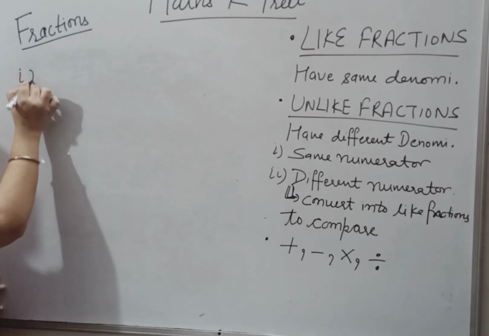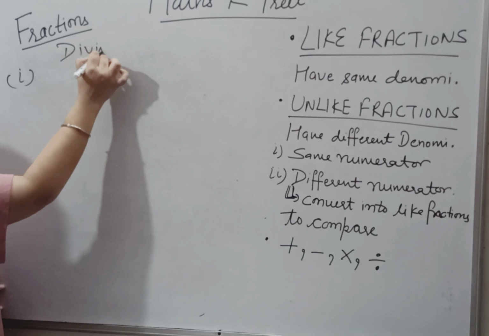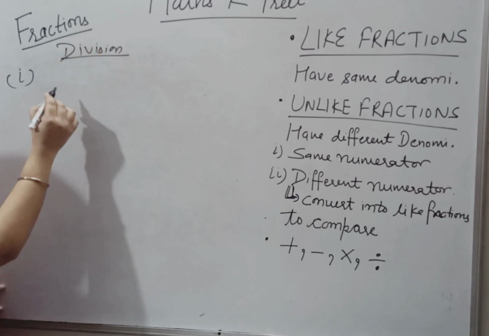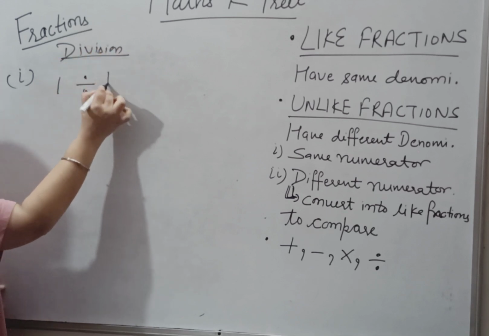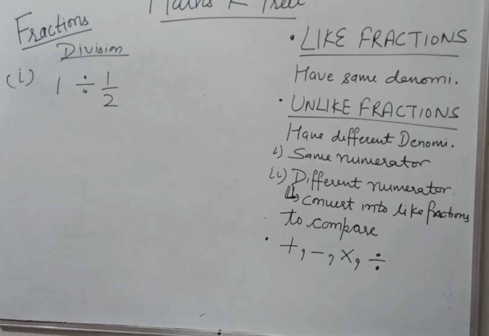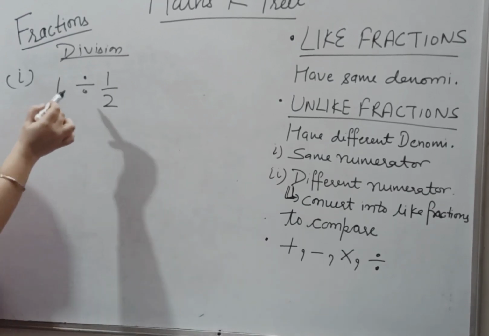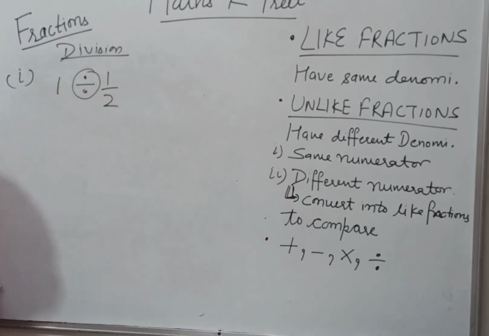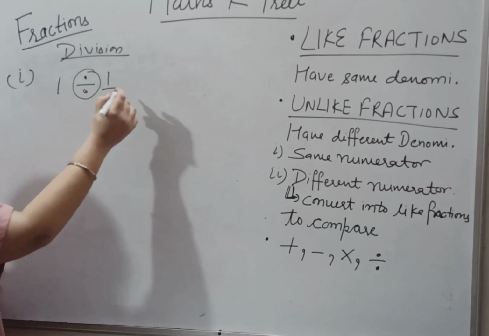Let's say division, I am writing here how to divide the fractions. Let's say 1 divided by 1 by 2, we have to solve this. What we will do? We will just change this division into multiplication. Then we know how to multiply the two fractions, as I just told you.